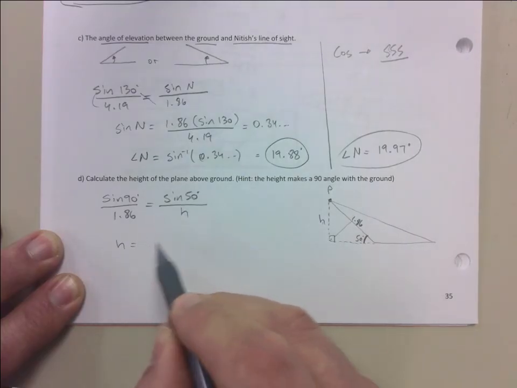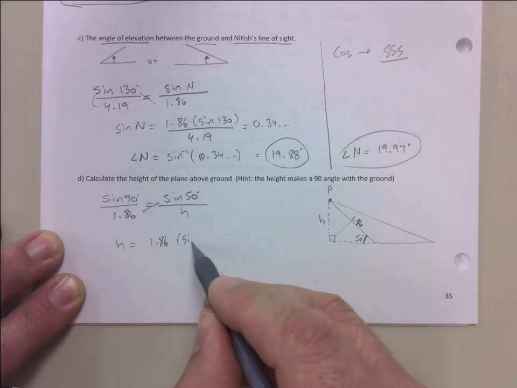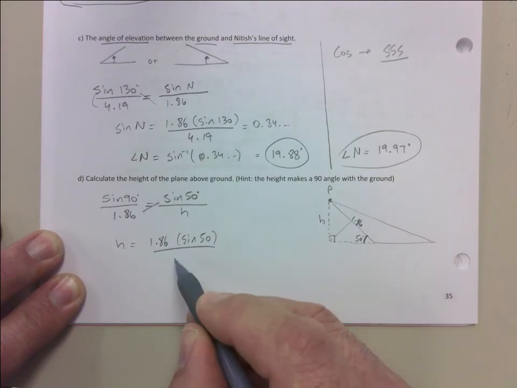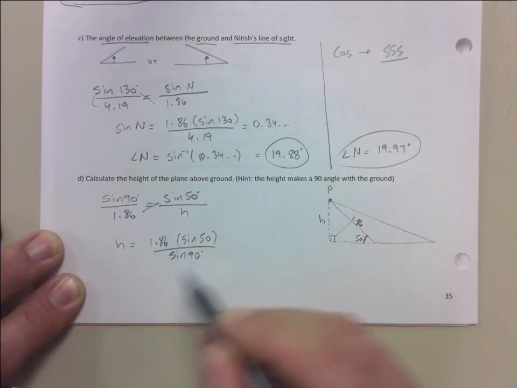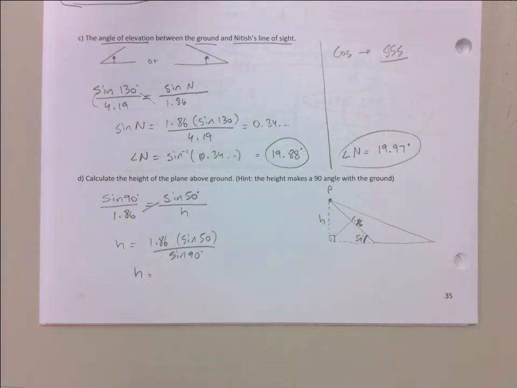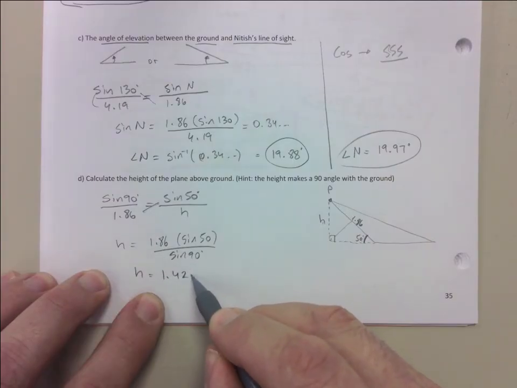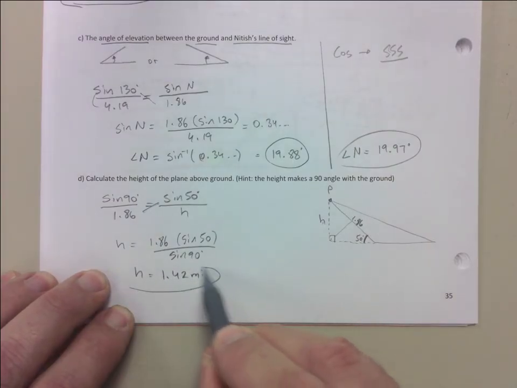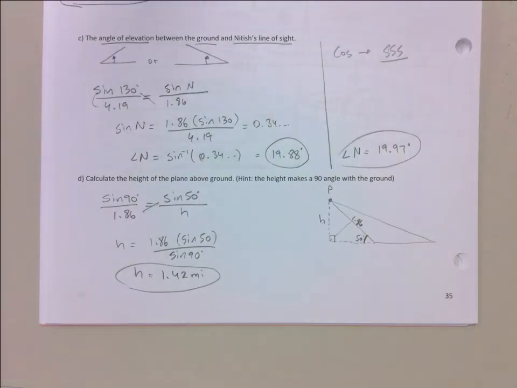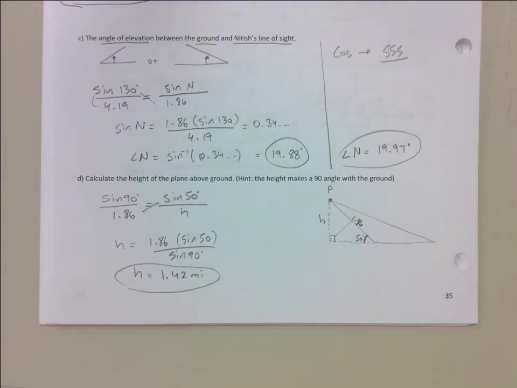Okay, 1.86, cross multiply like that, and sine of 90. Here we go. Height is 1.42 miles, okay? Everything is in miles in this scenario here, so it's 1.42 miles is the height of the plane above the ground. So we have to insert the dashed lines to make this work.